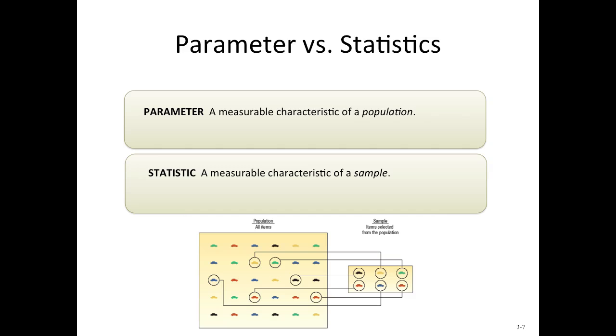So parameters versus statistics. A parameter is a measurable characteristic of a population. So the mean of a population would be a parameter. The same thing can be said about a sample, but that would be referring to a statistic. So if you got the mean of a sample, that would then be a statistic.